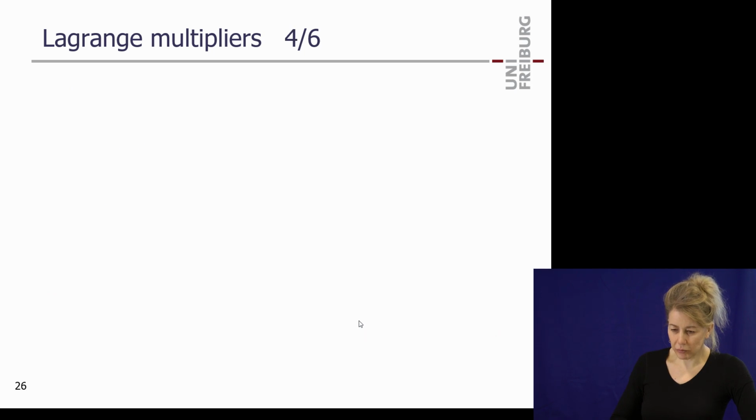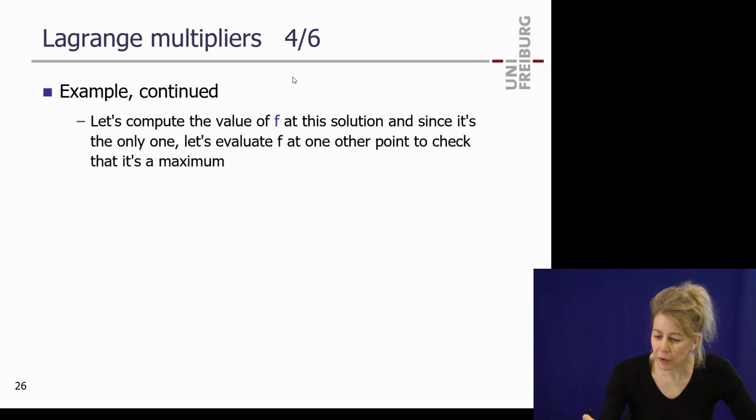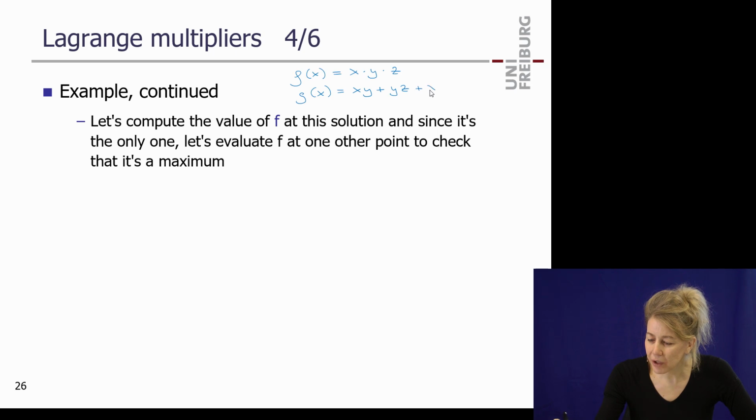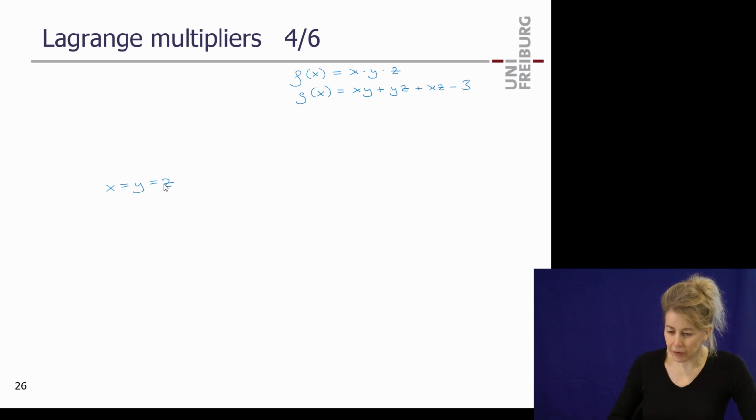So what was our f? We were computing the volume, x, y, z, and our g of x was xy plus yz plus xz minus 3. Yeah, and I think we didn't really compute the value of x, y, z.